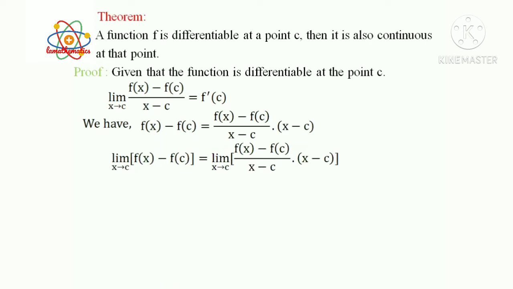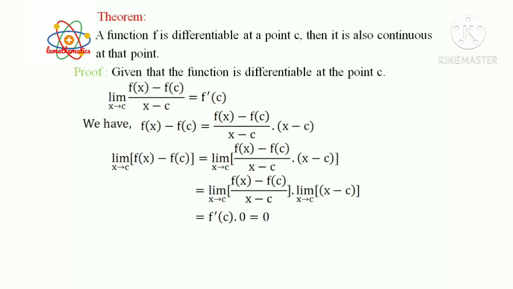Applying limit x tends to c, f of x minus f of c equal to limit x tends to c f of x minus f of c by x minus c into x minus c. Taking separate limits, equal to limit x tends to c f of x minus f of c by x minus c into limit x tends to c x minus c, equal to f dash c into 0 equal to 0.